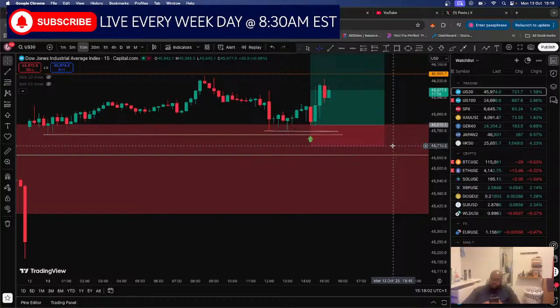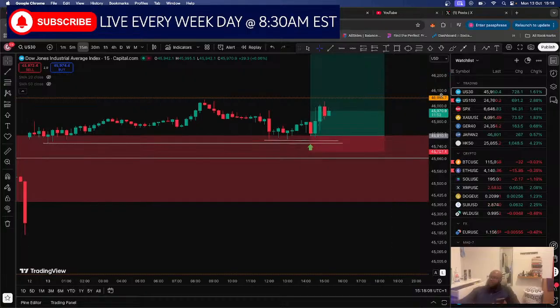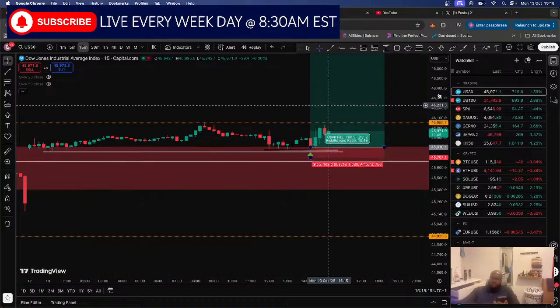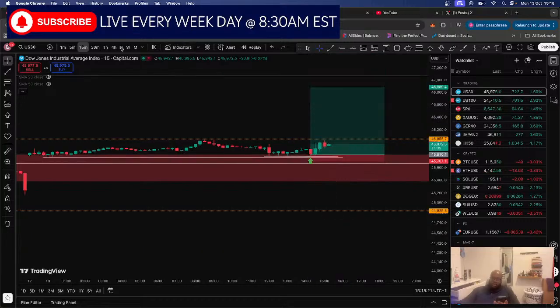Once we do get above this level, it's going to be an amazing buy, but this is just too strong of an order block. But if we do get above it, we should absolutely target all-time highs again. That's why I'm so aggressively bullish right now.